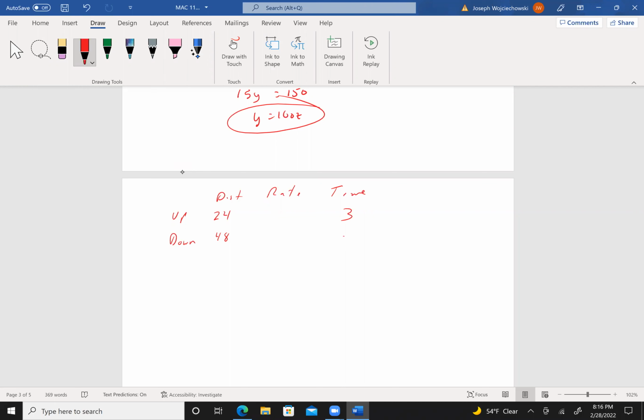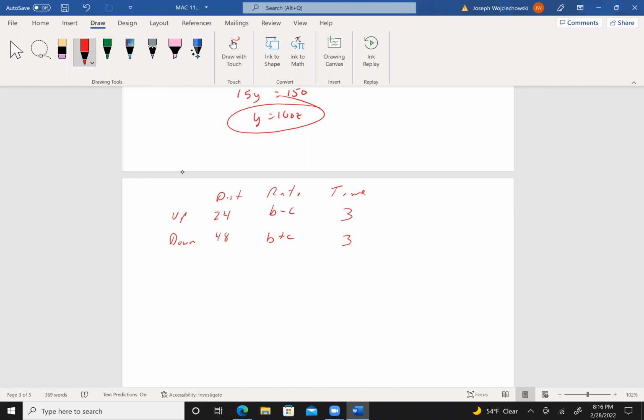So time is 3. So this is the boat speed minus the current, and this is the boat speed plus the current. And the reality is, you could probably solve this intuitively.